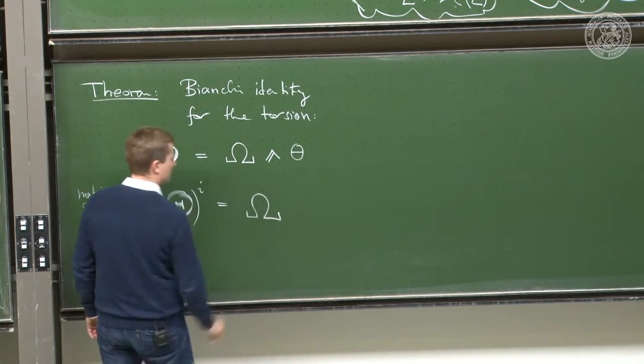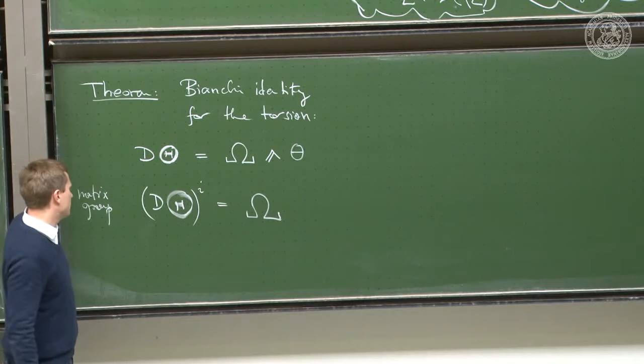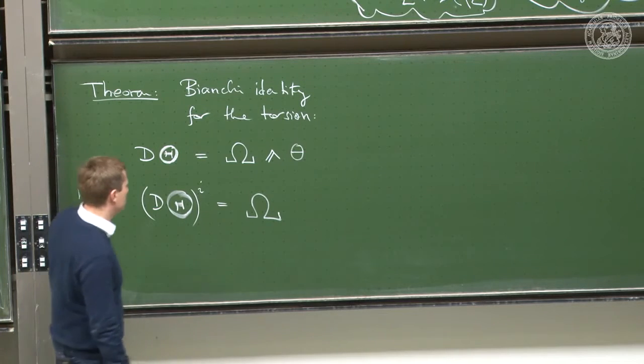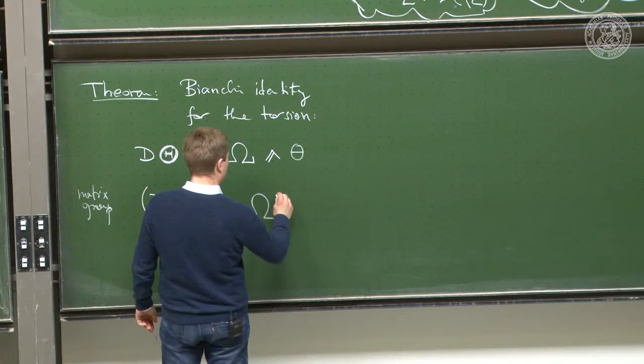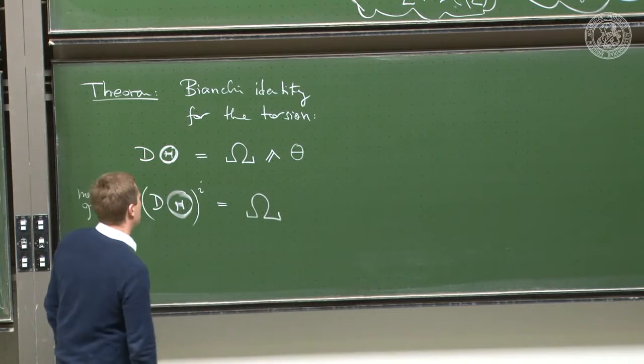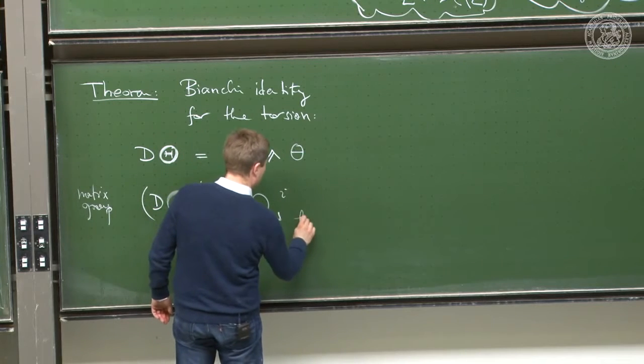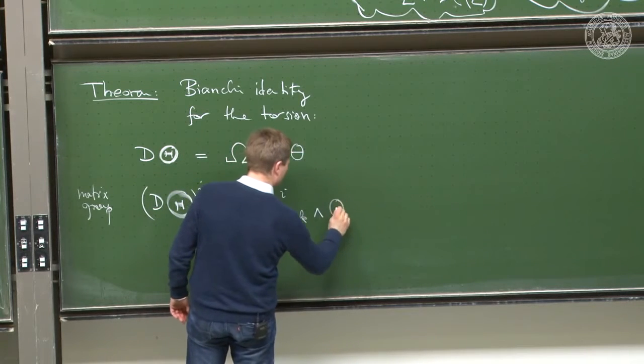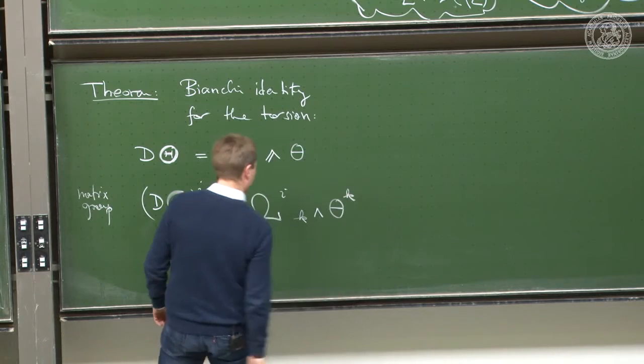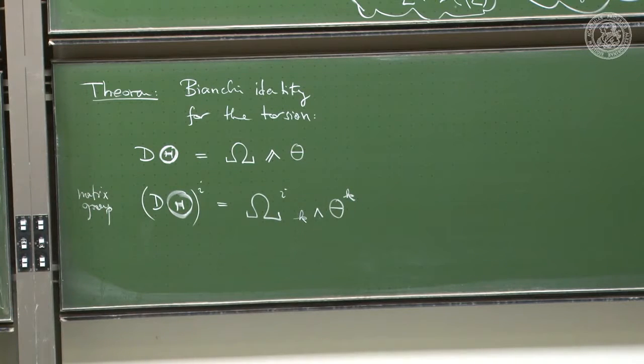Then you have the curvature 2 form here. Form? Hang on. It acts by i k wedge on the theta k. No, sorry, it's the 3 form. This is a 3 form.